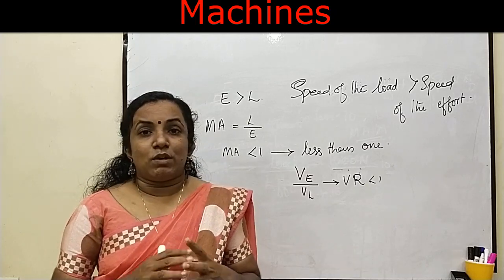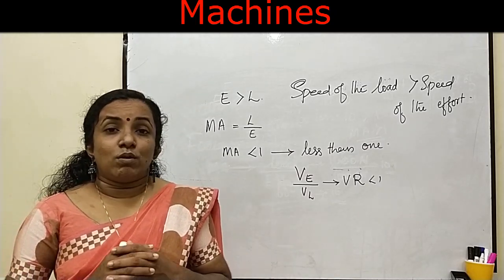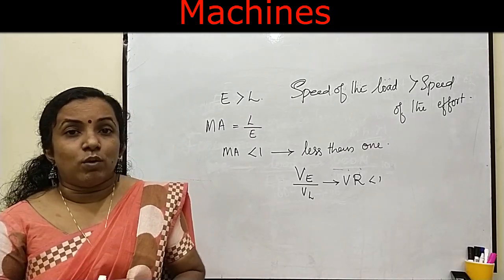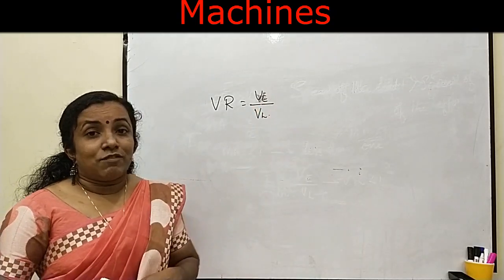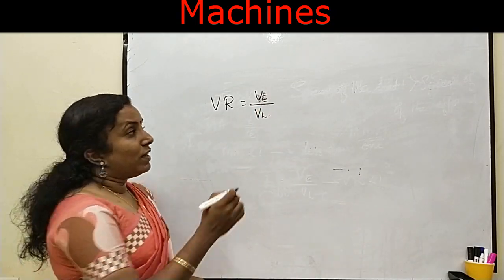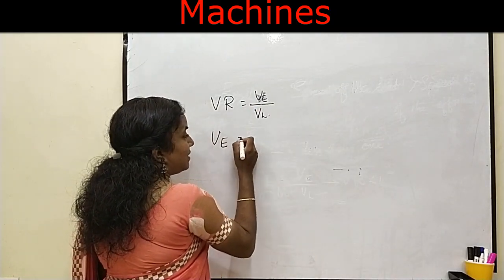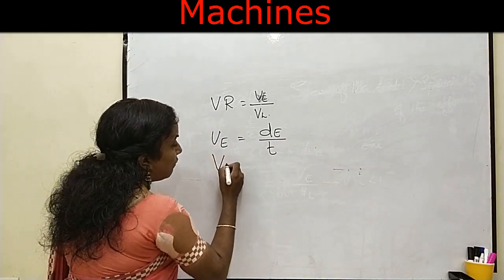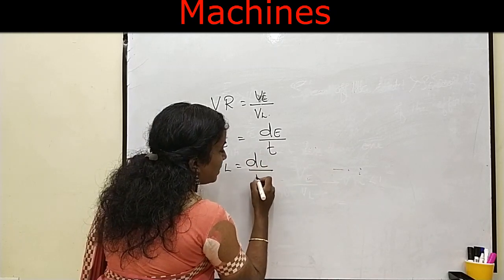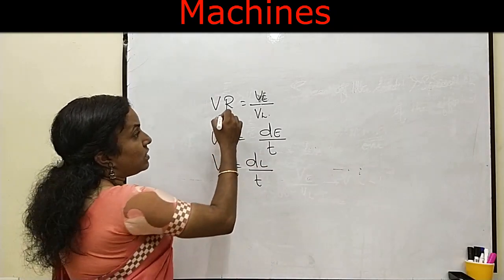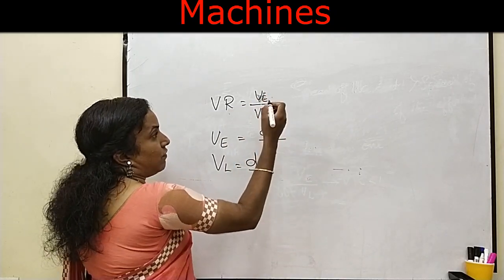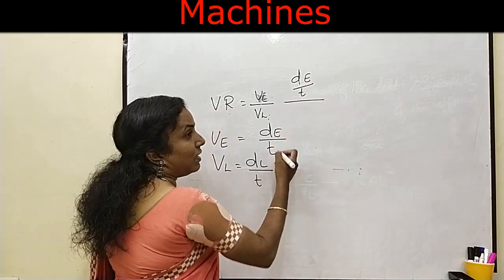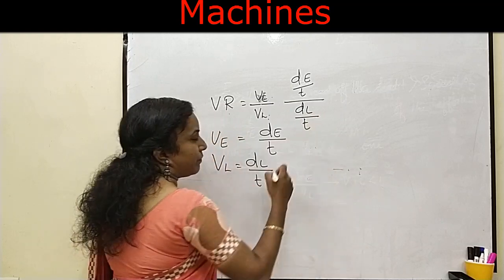So, mechanical advantage and velocity ratio are very important. Also, velocity ratio is velocity of effort by velocity of load, is it? So here, what is velocity? Velocity is displacement by time. So we can write velocity of effort as displacement of effort divided by time interval, and velocity of load as displacement of load by time interval. See, velocity ratio is velocity of effort by velocity of load, or displacement of effort by time divided by displacement of load by time.